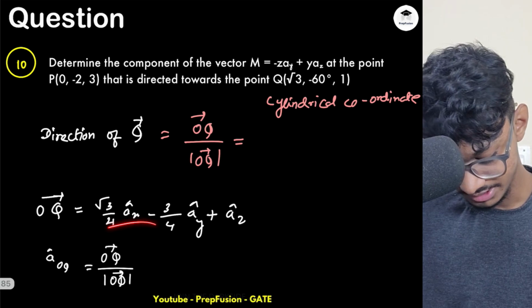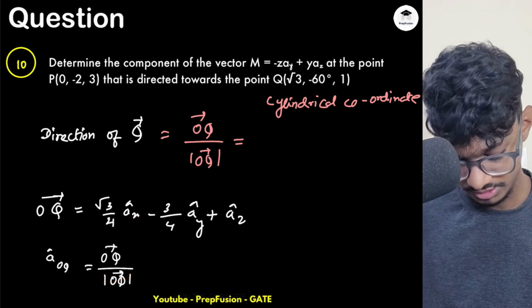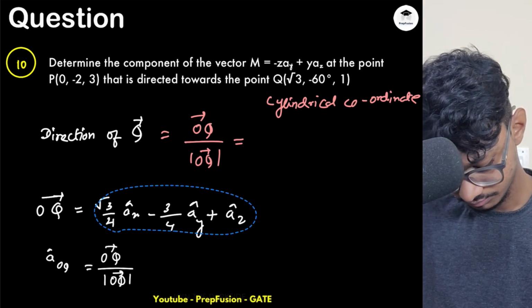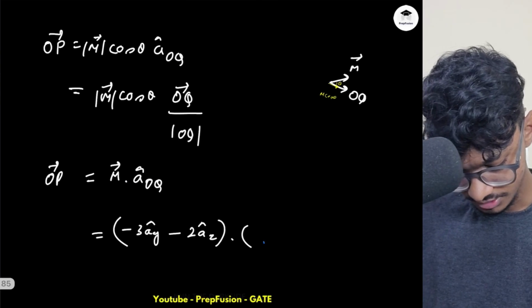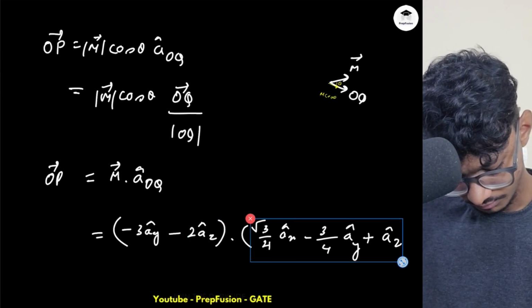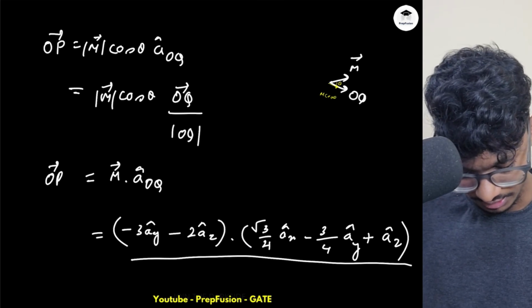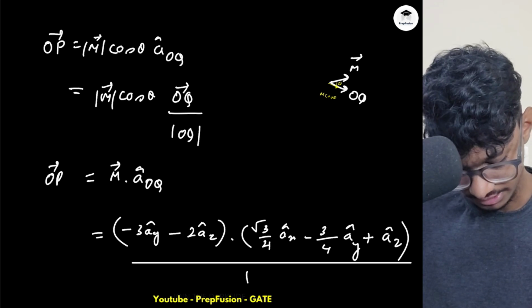What is aOQ? This divided by the magnitude. I'm not taking care of the magnitude for now, so I'll just take care of this component. We can divide by the magnitude later on. That's just a calculation that I hope you can do.